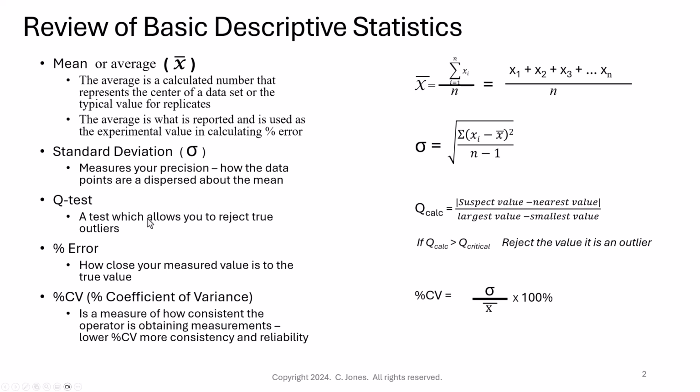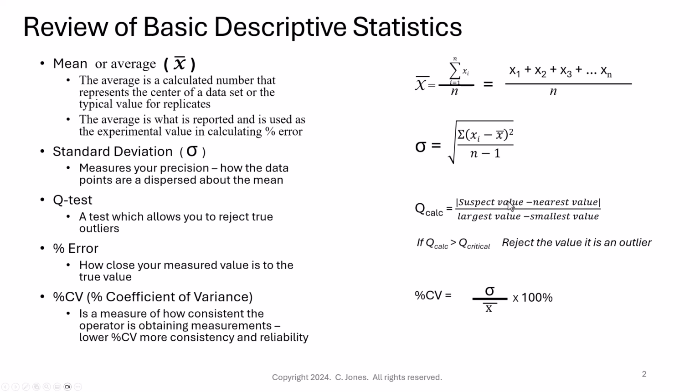Okay? Then we have the Q-test, and the Q-test is a test, again, which allows you to reject true outliers. So no longer do you just have to guess. You can actually determine if a suspect point is an outlier or not. To do the Q-test, we first have to calculate a Q value, right? So this is called Q-calc, and Q-calc is the absolute value of the suspect value minus the nearest value.